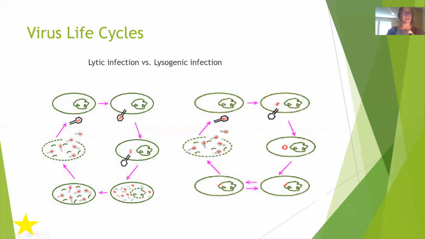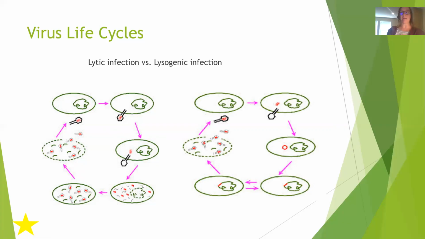The lysogenic infection is somewhat similar, but it has an extra step. With the lysogenic infection, the DNA or RNA gets inserted into the host cell, but instead of becoming active right away and killing that host cell, it actually becomes part of the host genome and will sit in there.